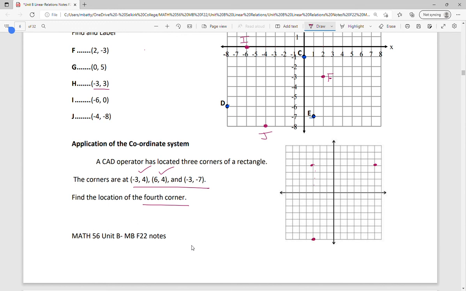And it says, if this is a rectangle, what is the point of the 4th corner? And so if I just square this out, this is the 4th corner, but its coordinates would be a +6 and a -7. So give that ordered pair. It's the location on the coordinate plane.